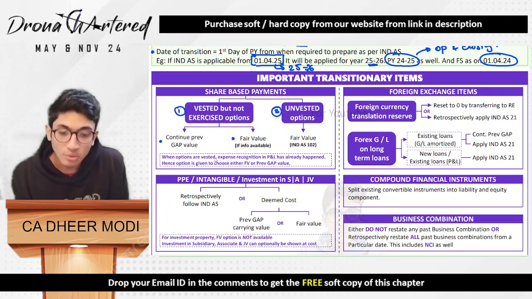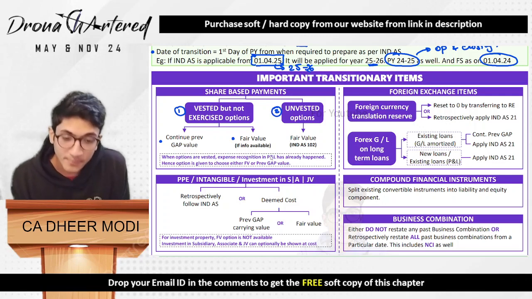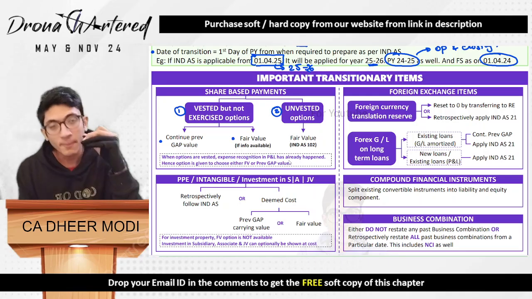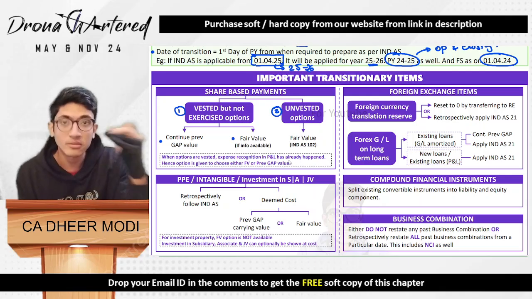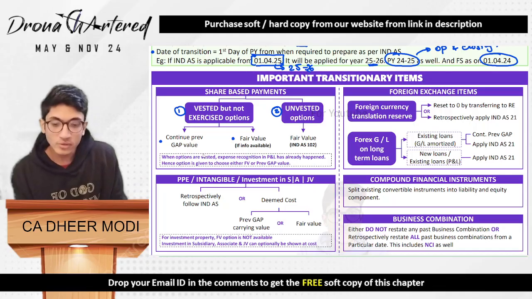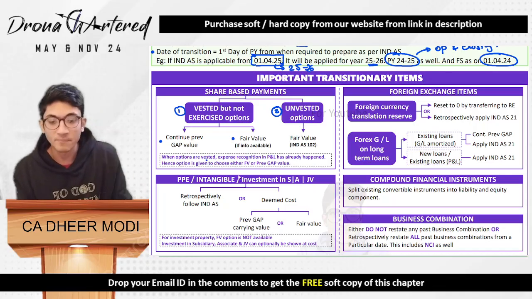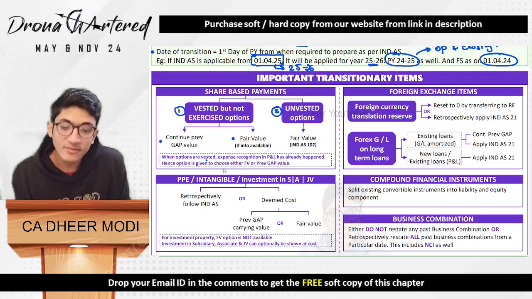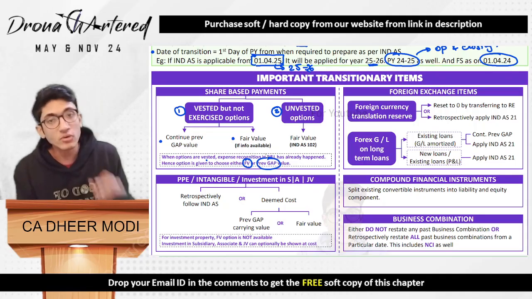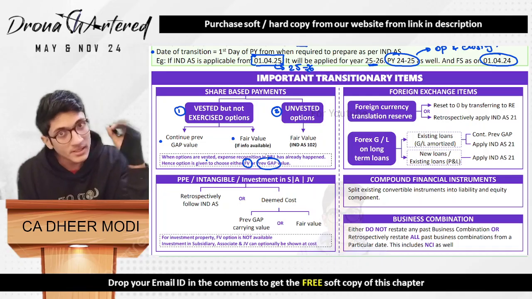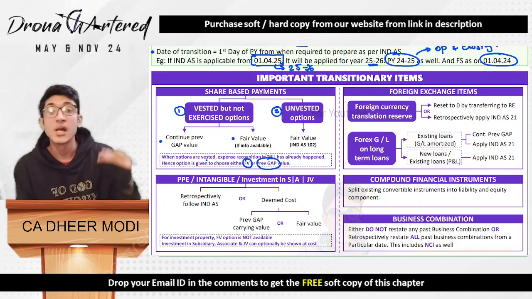When the options are vested, expense recognition in P&L has already happened, because as you know, we recognize expense over the vesting period. Hence, the option is given to choose either fair value, or you can do it as per previous GAAP value, whichever is convenient with you, because the P&L recognition has already been done.